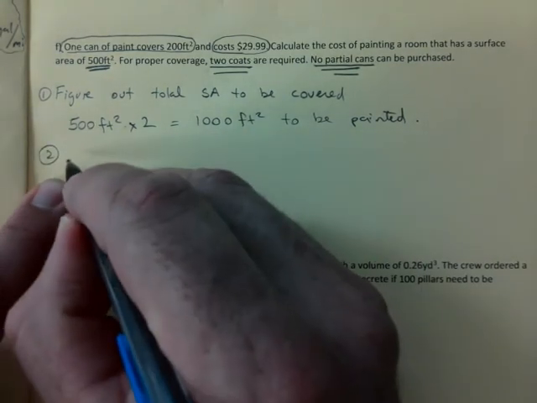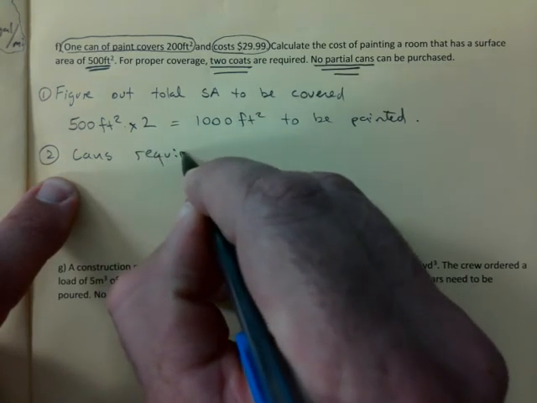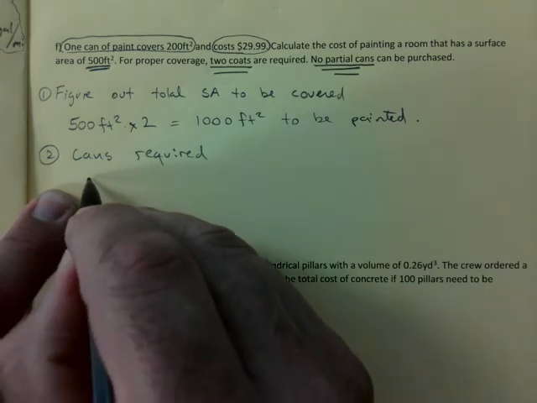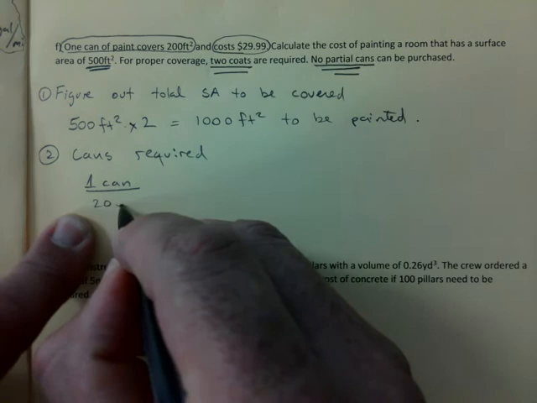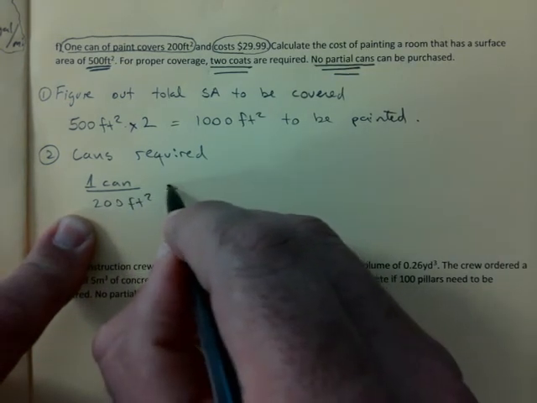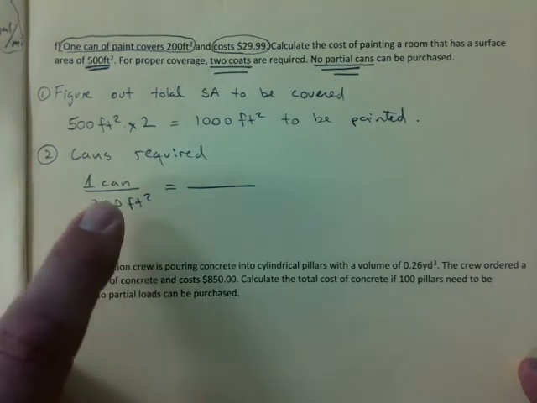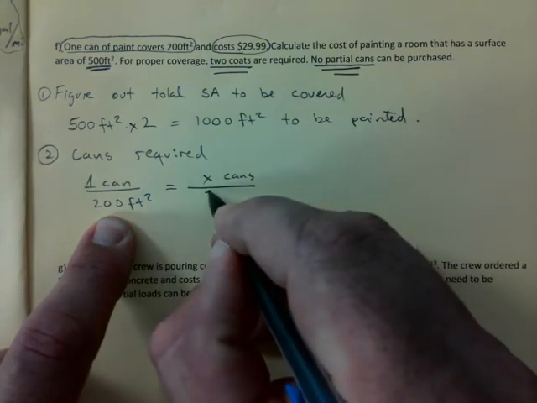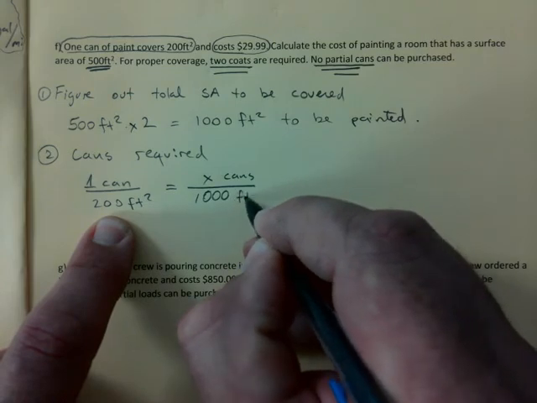Second, cans required. That's the next step. So I will say that 1 can covers 200 square feet. This is called proportional reasoning. If I need 1 can to cover this much, how many cans will I need to cover 1,000 square feet?